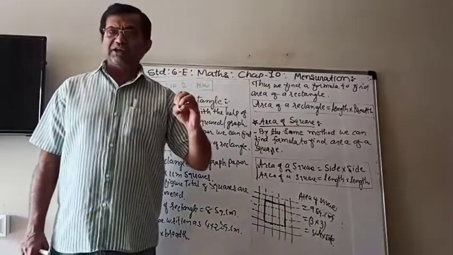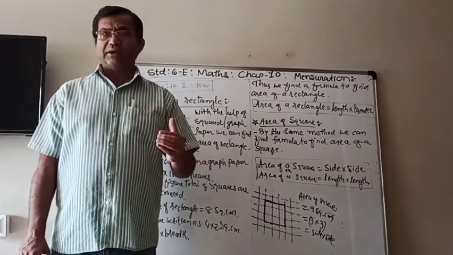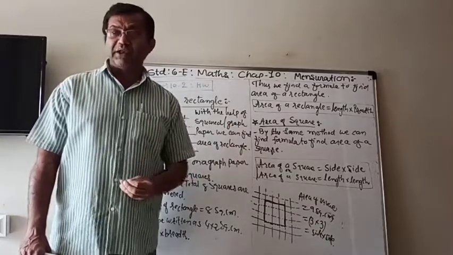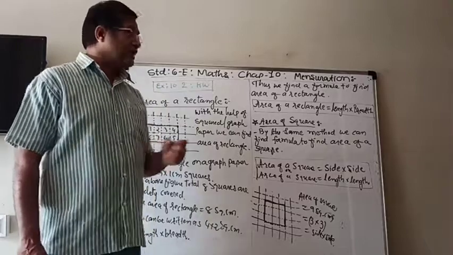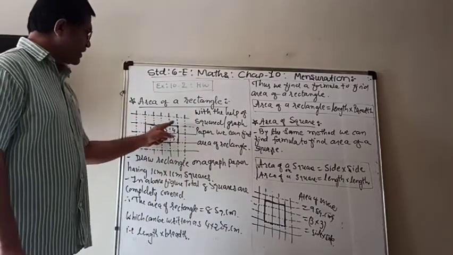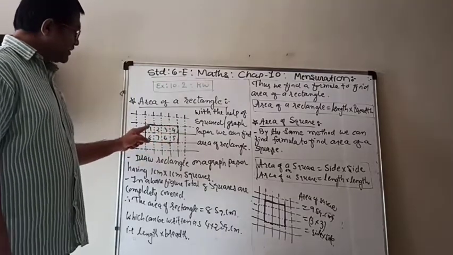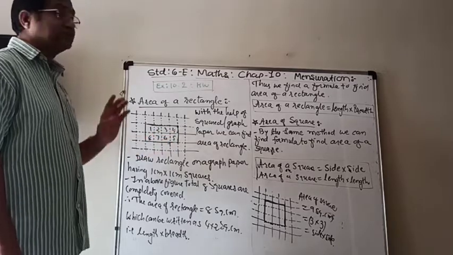First I will explain with the help of a small rectangle on the graph paper, and from that we will find a general formula that can be applicable for all rectangles. Here I draw a squared paper in which I took a rectangle. Now you can see 1, 2, 3, 4, 5, 6, 7 and 8.